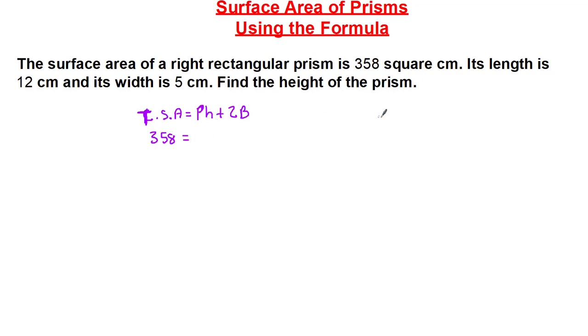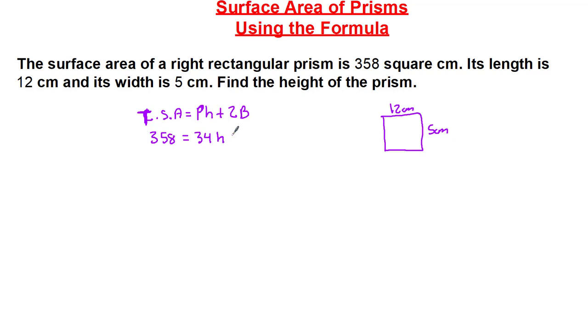So for our perimeter, we're already given the fact that the base is 12 centimeters by 5 centimeters. So we could go ahead and calculate the perimeter here. It's going to be 12 plus 12, which is 24, and then 5 plus 5, which is 10. So basically we have 24 plus 10, which is going to give us 34 centimeters.